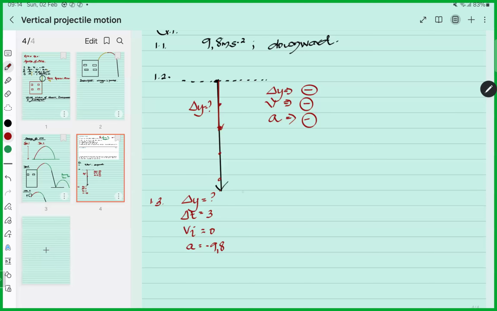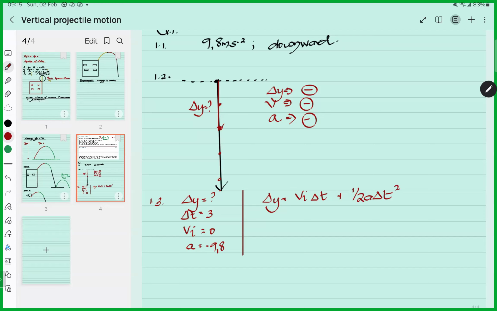So effectively, they want you to give us the displacement, but don't state the direction. Anybody knows the equation that relates these variables together? Somebody knows it. Delta y equals vi delta t plus half a delta t squared. Please don't forget all your deltas everywhere.